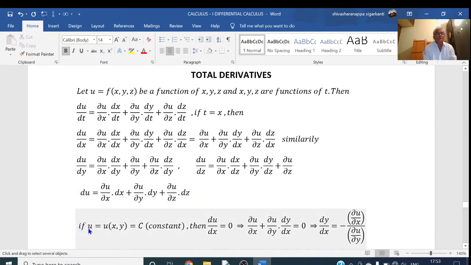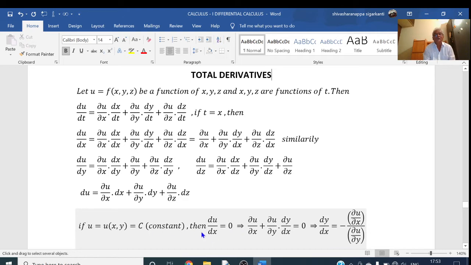Now, suppose u is a function of two variables x and y, and u of x comma y is equal to a constant quantity. Then what is du by dx? It is equal to 0. If I differentiate this with respect to x, I will get du by dx equal to the derivative of a constant, which is 0.